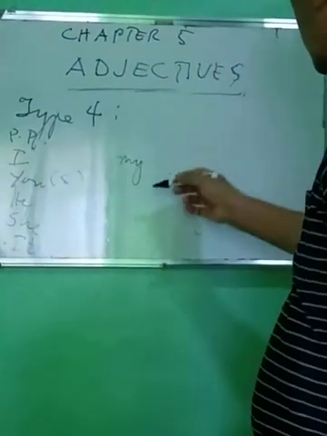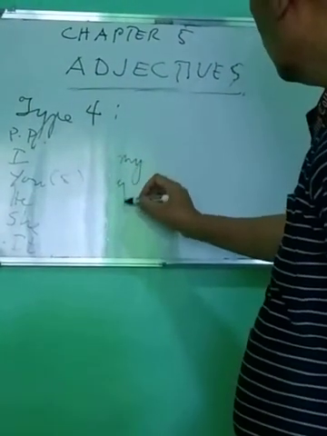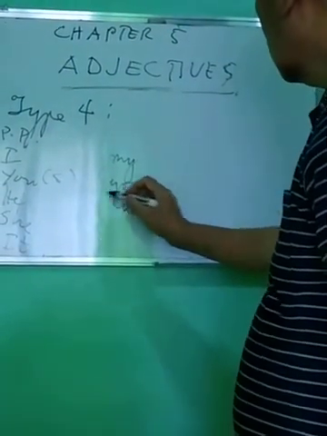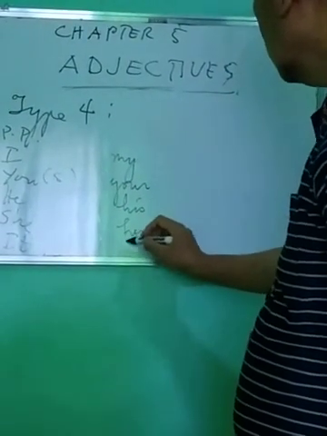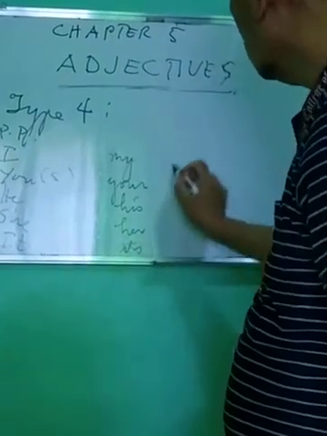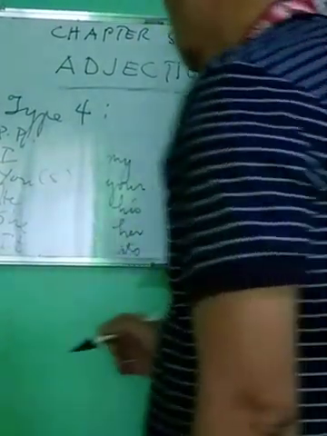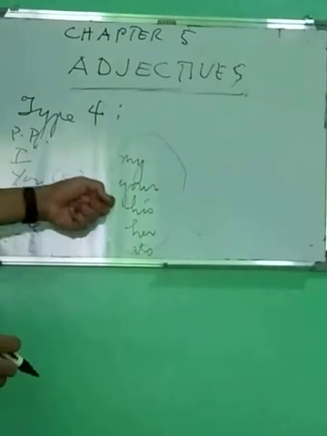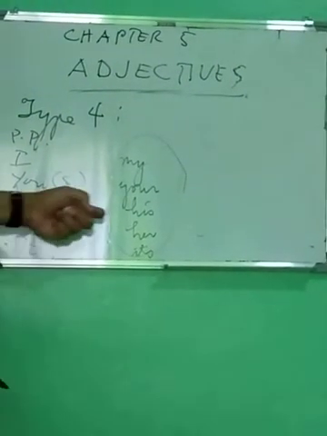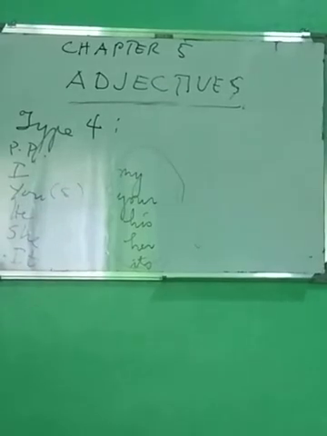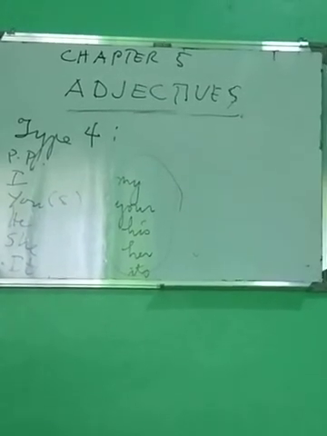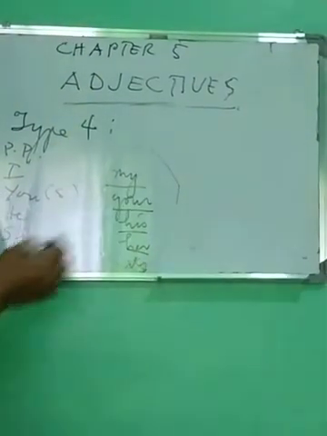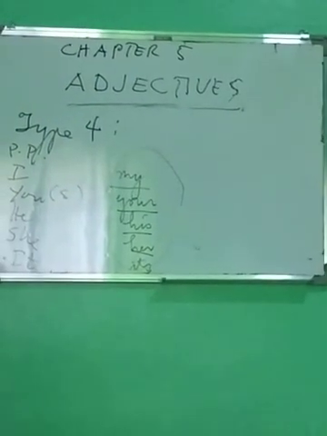So it indicates ownership. You, your. He would be his. Her, and then its. This one would all indicate possession or ownership. This time, you could say that these possessive pronouns are used as possessive adjectives to indicate ownership or possession of the thing or whatever noun you are using.